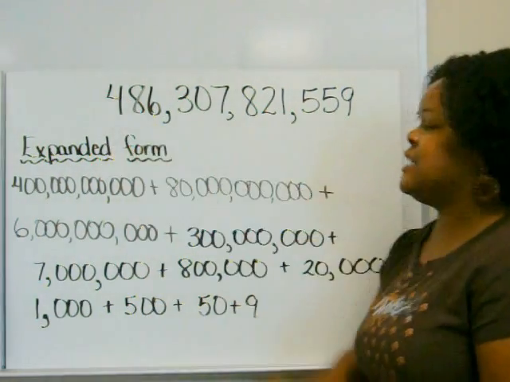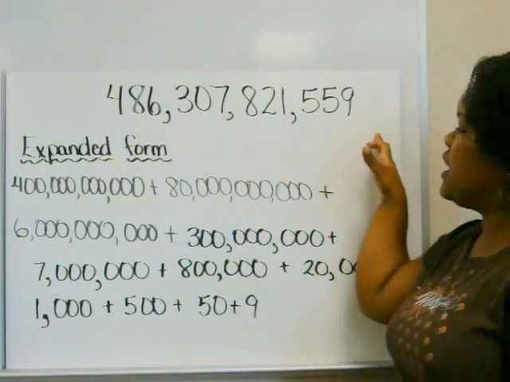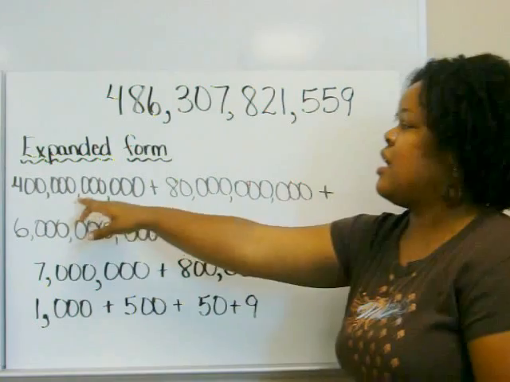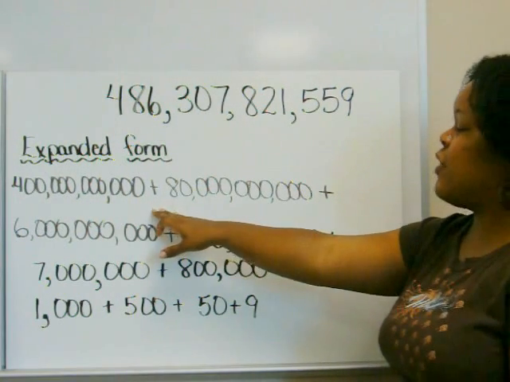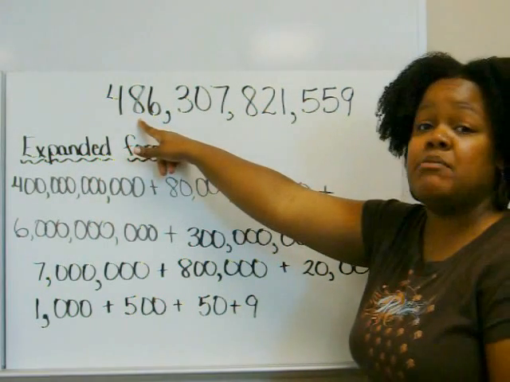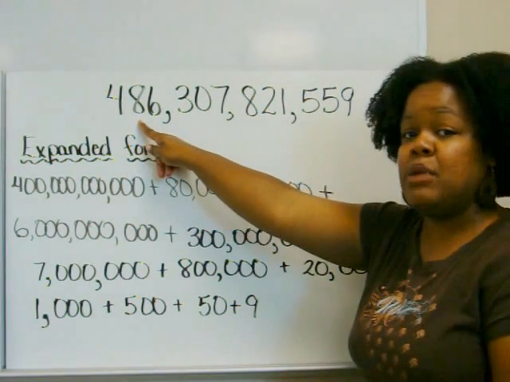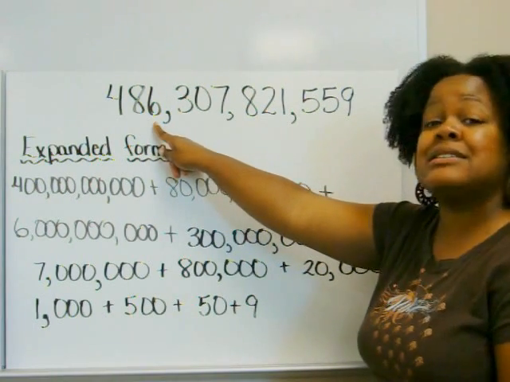The 4 is in the 100 billions place. So you have 400 billion in this number. To get to this number, you have to add another 80 billion because the 8 is in the 10 billions place. 8 10 billions equals 80 billion. The 6 represents 6 billion.